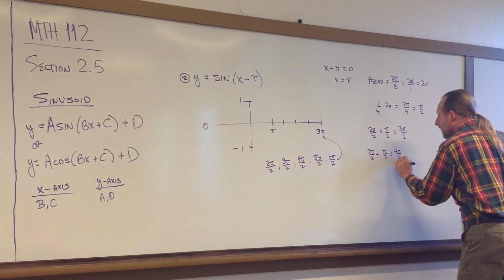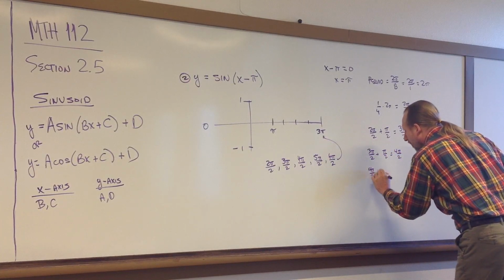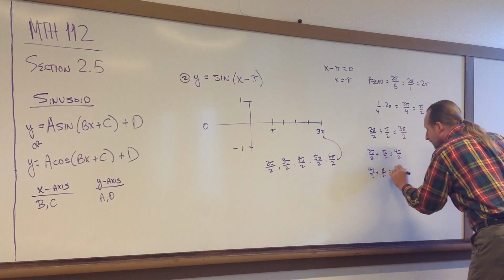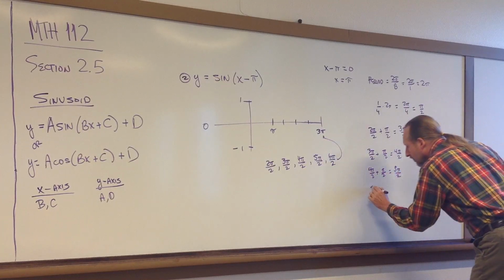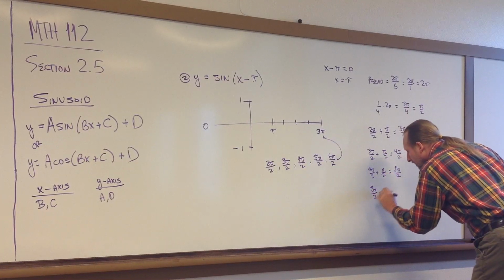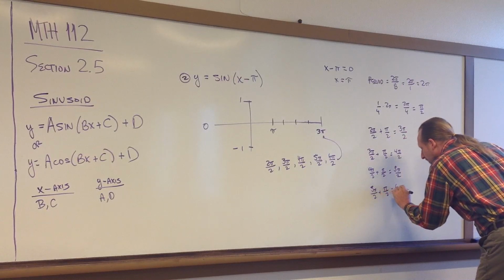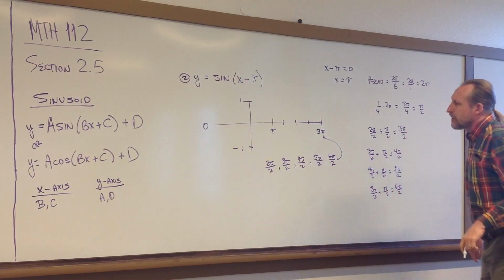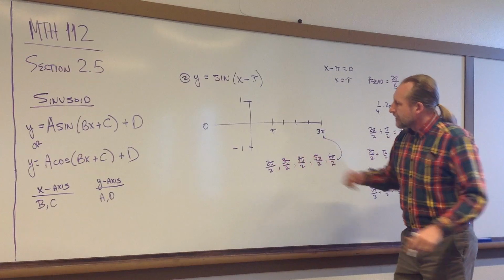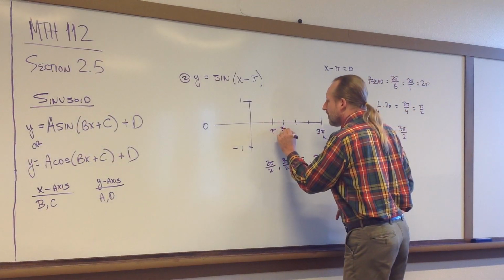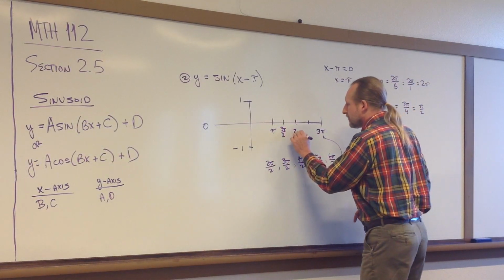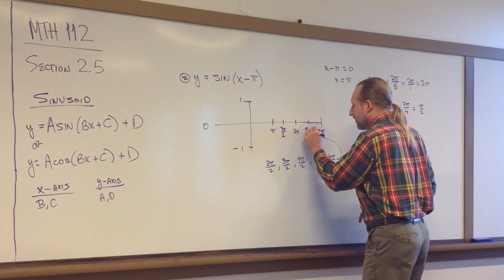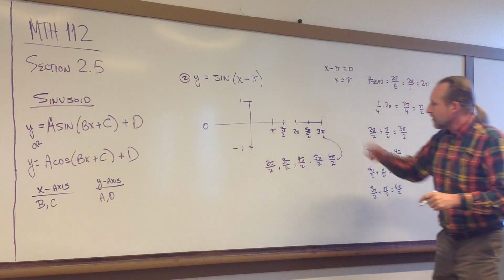So you can do it that way, or you can actually add it on every single time: 4 pi over 2, 5 pi over 2, and then 6 pi over 2. And then we just want to reduce each one of these. This is pi. 3 pi over 2 stays the same. This is going to be 2 pi, 5 pi over 2, and then 6 pi over 2 is 3 pi.